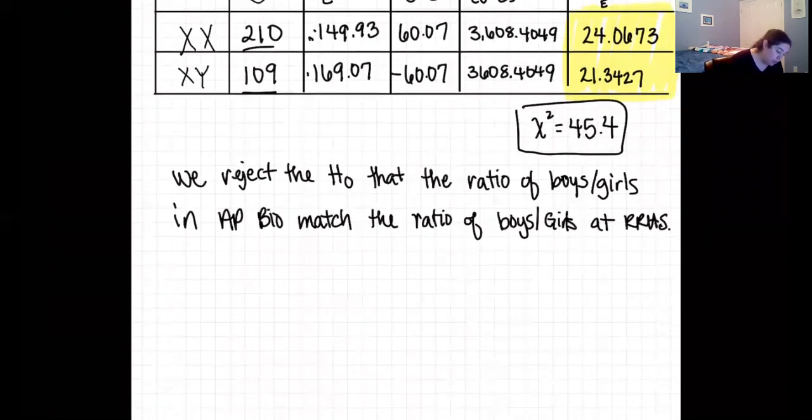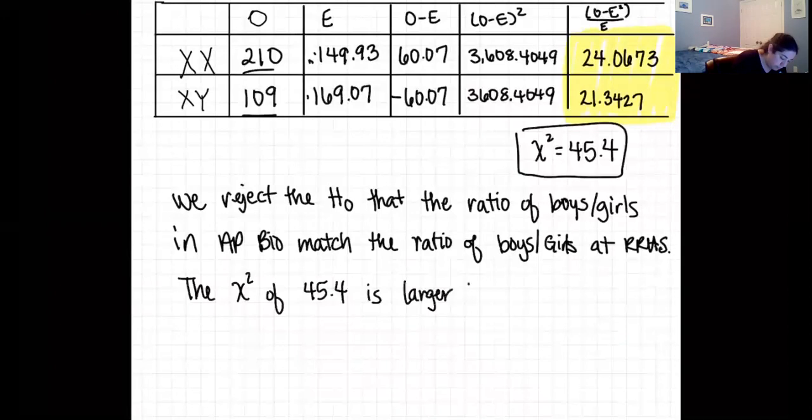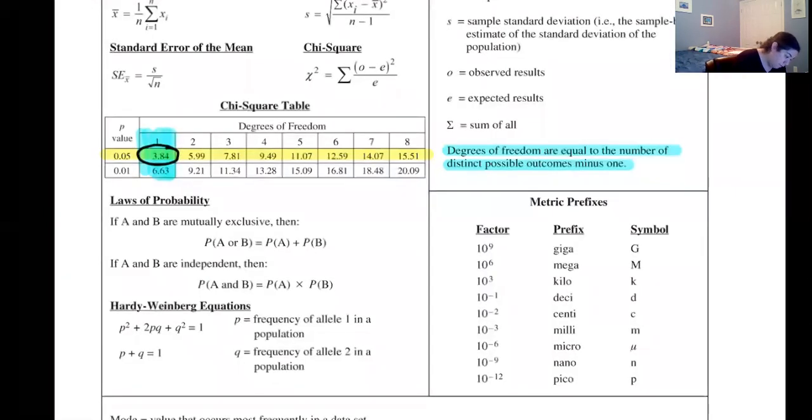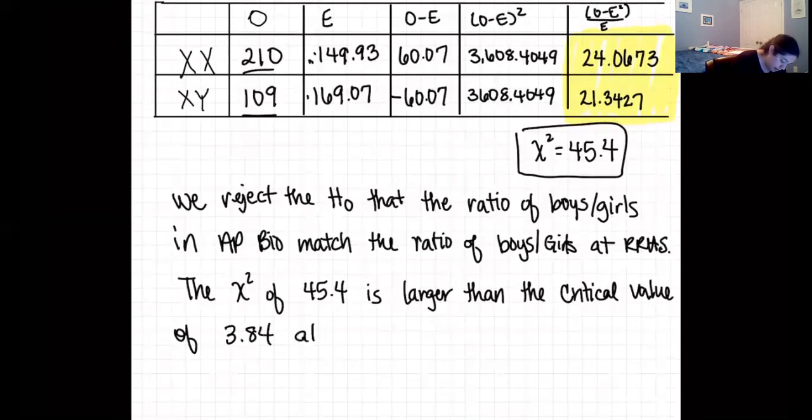The reason we are rejecting it is because the chi-square value of 45.4 is larger than the critical value of 3.84 at 1 degree of freedom.